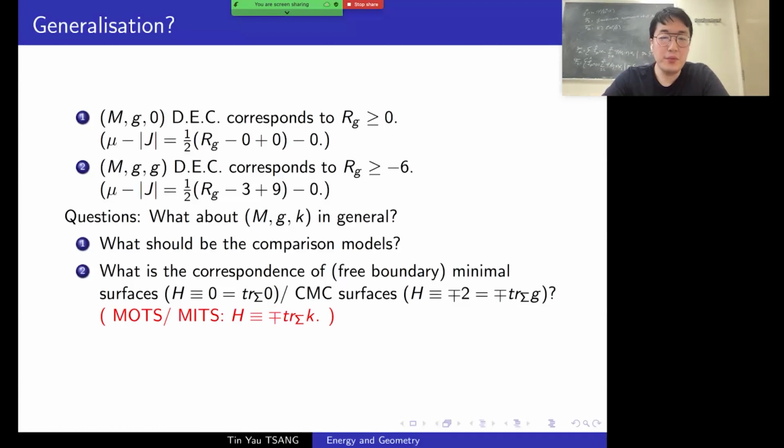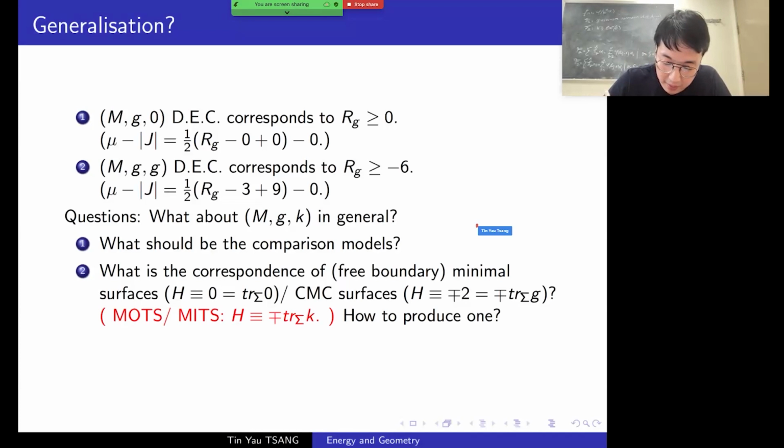That's why we expect we shall have a foliation of MOTS or MITS. But then the question is, how to produce one? Because for the previous ones, minimal surfaces or constant mean curvature surfaces, they come from variational processes. But MOTS and MITS do not come from variational methods because K itself is anisotropic.